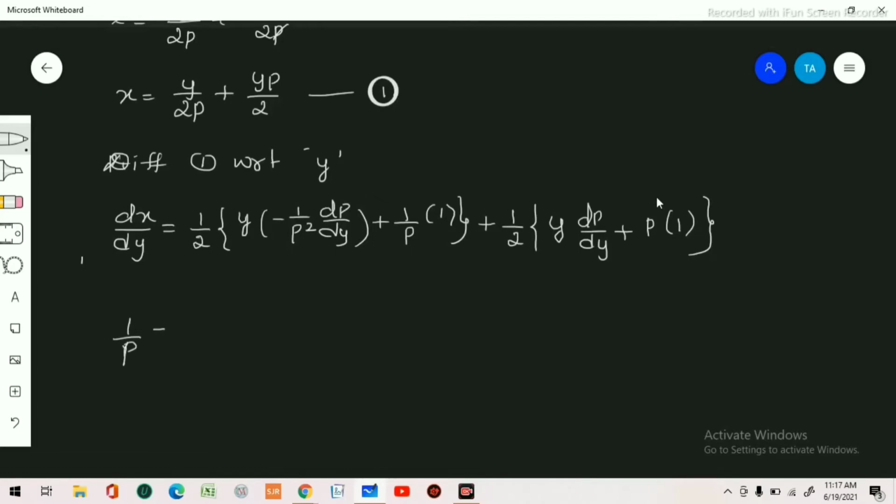So 1 by p is equal to, carefully you have to remove the brackets now. Look for positive signs, negative signs, everything. All the terms, do not miss any term over there. Just open up the brackets now. So I have minus y by 2p square dp by dy. Is it clear, the first term? Is it correct?